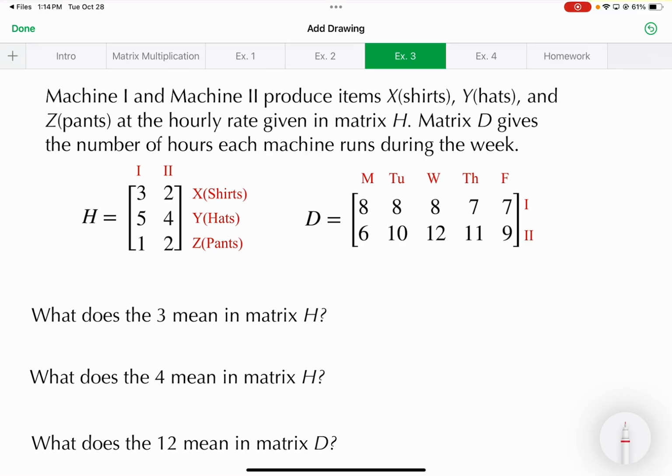It's the amount of shirts by machine 1 in 1 hour. Yeah, so the rate at which it produces those shirts, okay? So it gives you the rate at which machine 1 produces shirts in 1 hour.